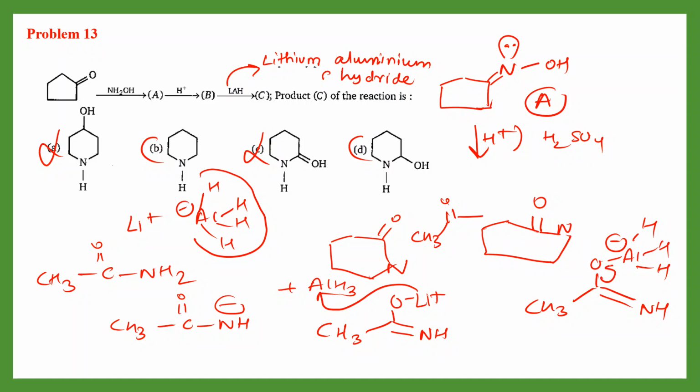Now this group will leave, and then it will form imine, CH3 C double bond NH2 positive. It will form imine, and your hydride will come and reduce this. So always remember, amide on reduction with LAH forms amine.